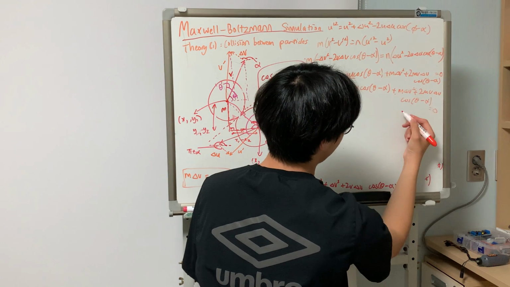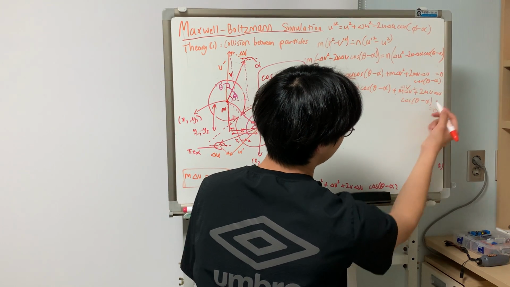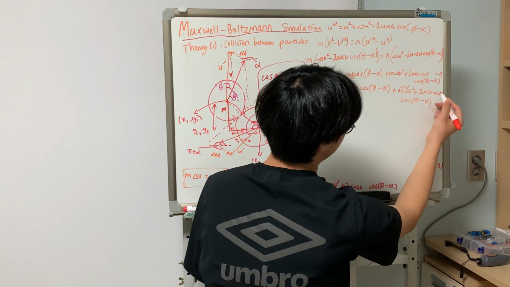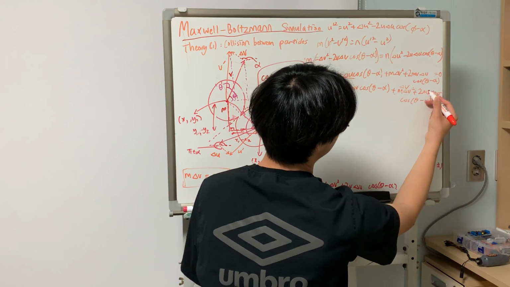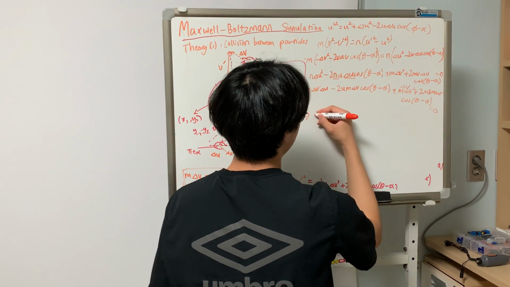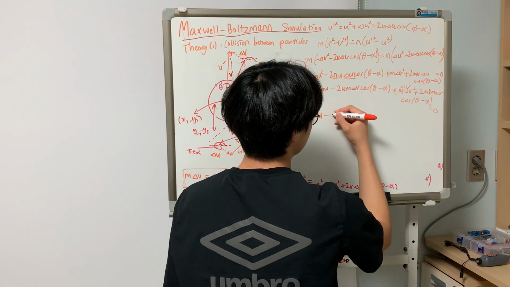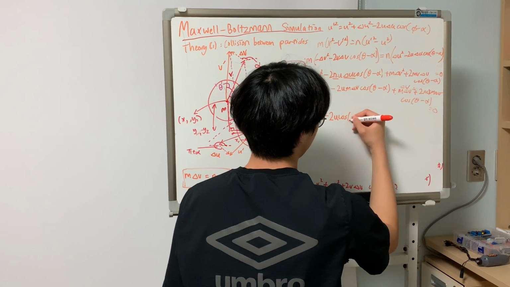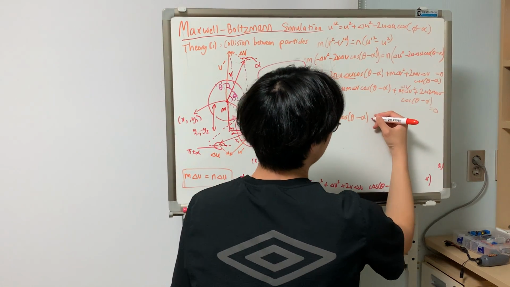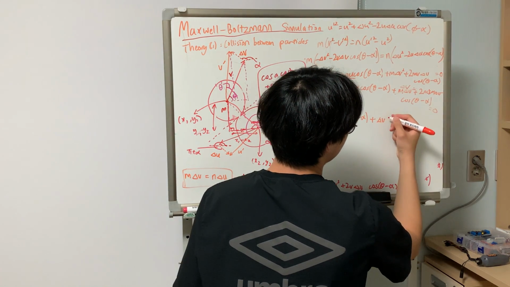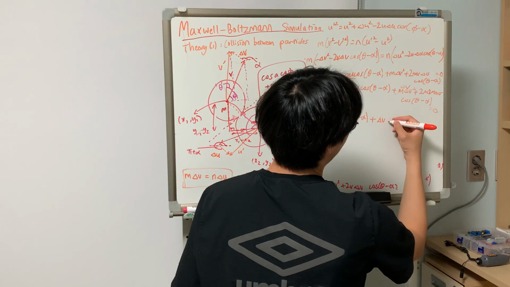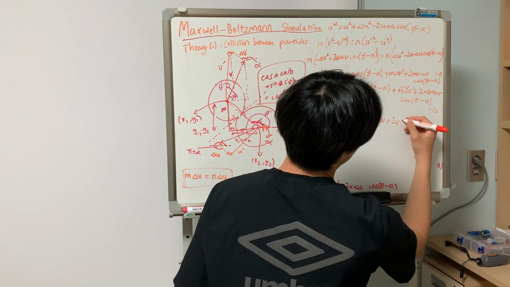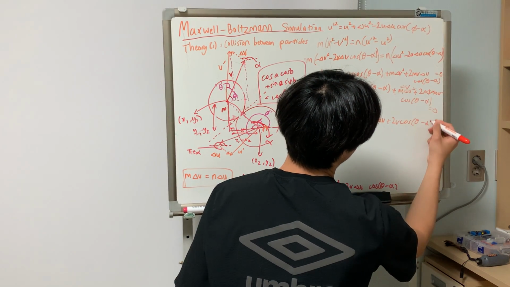So that would give us only delta v, 1 delta v. So what we have is delta u minus 2u cosine of theta minus alpha plus delta v plus 2v cosine of theta minus alpha is equal to 0.